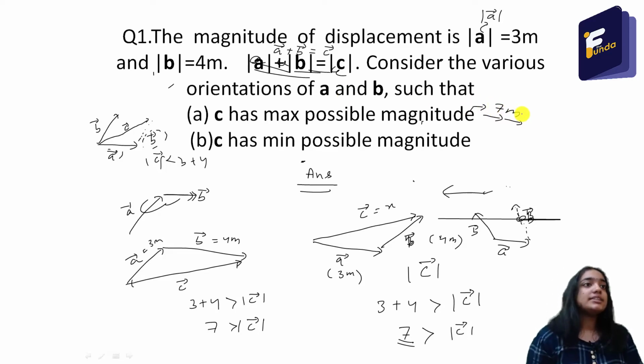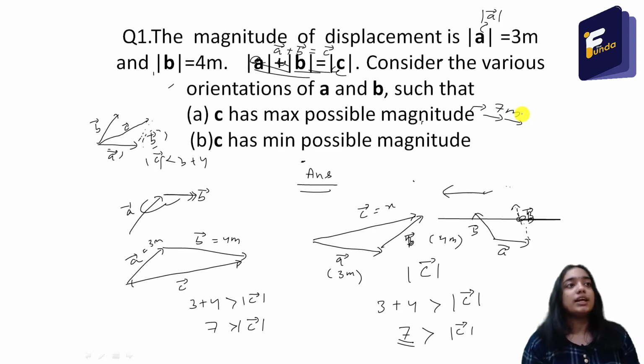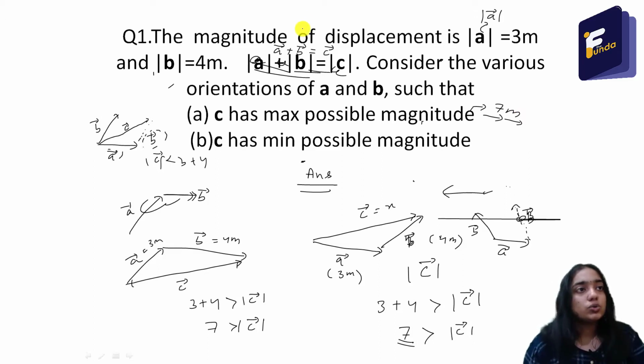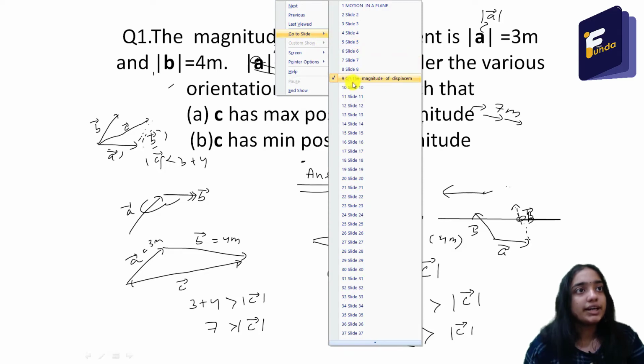The second bit is, C has minimum possible magnitude. For this, we have to reverse, that is, we have to subtract. So for the second bit we will proceed like the first bit.